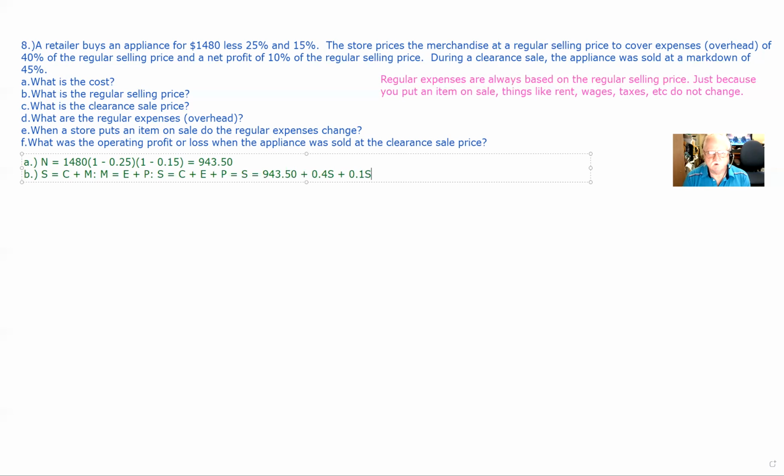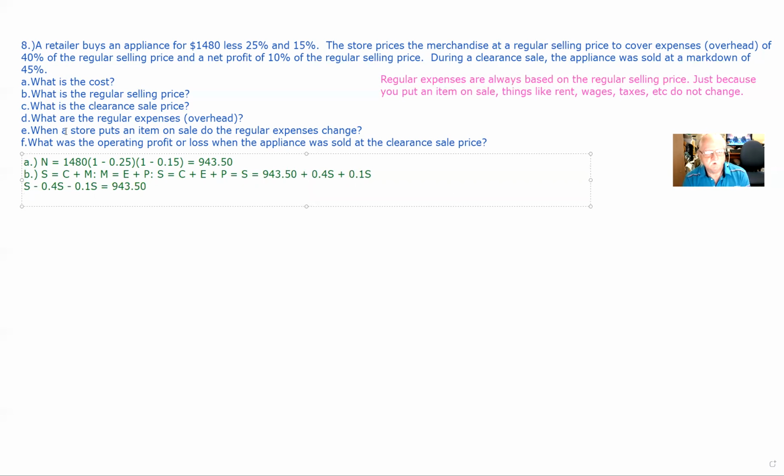So we have to solve this equation for S. All the S's have to leap over, and we get S minus 0.4 S minus 0.1 S, still being equal to 943.50.